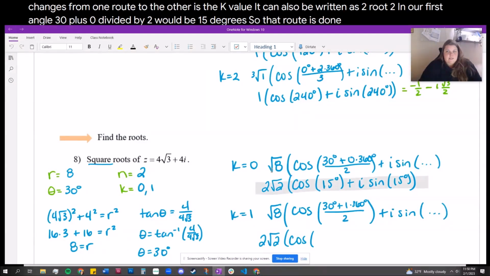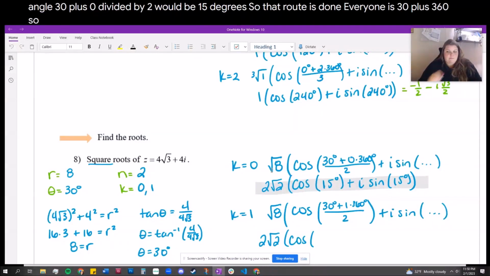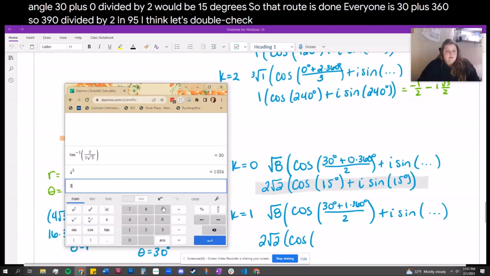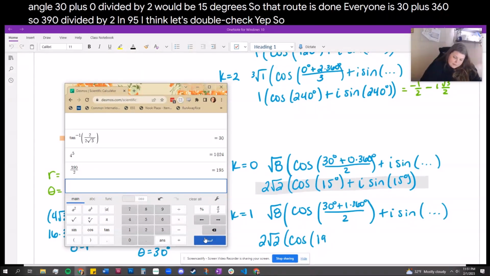The second one is 30 plus 360, so 390 divided by 2. 195, I think. Let's double check. Yep. So our second root is done.